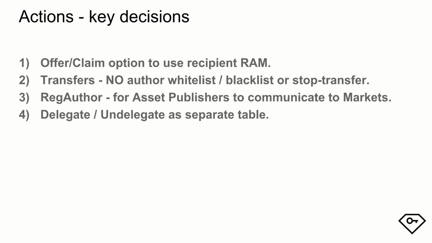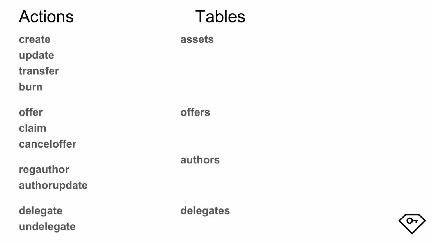Next, we decided to register authors. Instead of packing author information and template information into the asset, we decided to give this sort of registration information, and that turned out to be pretty elegant. Similarly, we decided to have this borrowing functionality as a separate table. And speaking of tables, let's talk about them. There are four. There's the asset table.